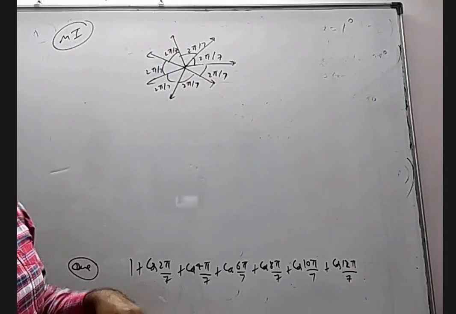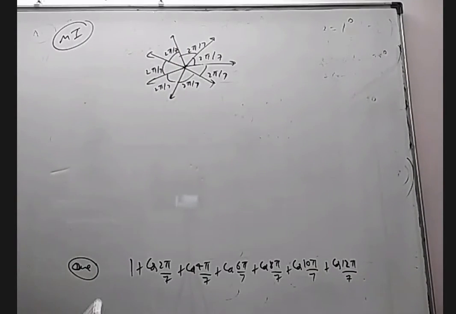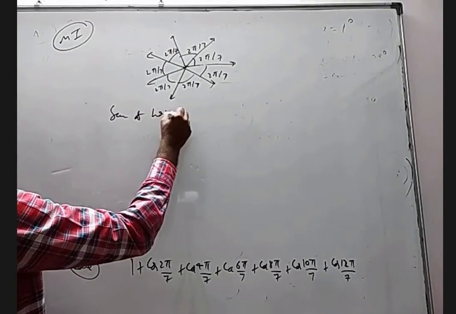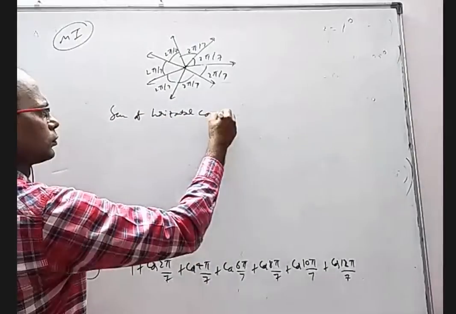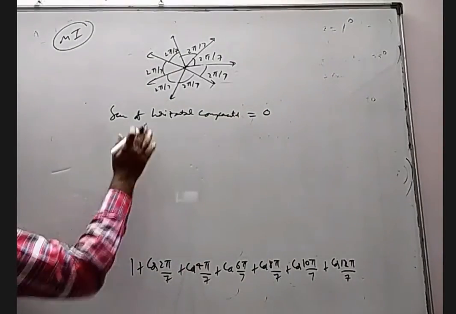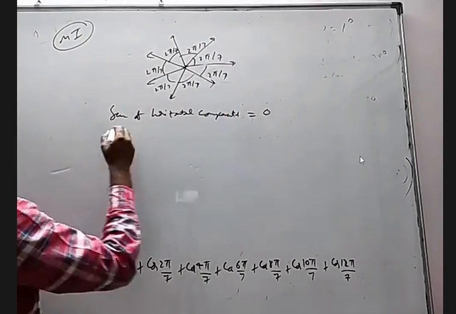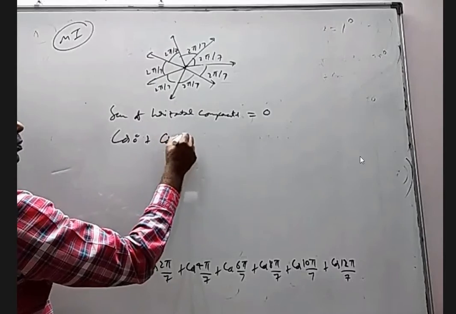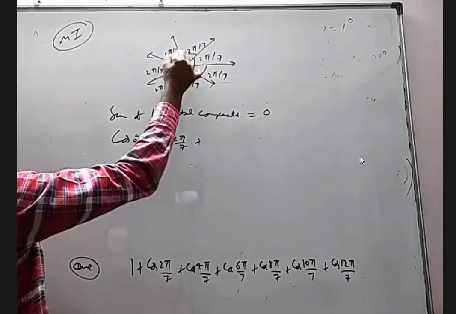The net force is 0, the sum of the horizontal components is 0. So the sum of horizontal components is equal to 0. Similarly, the vertical components sum to 0. And what is the horizontal component? This is directly along the x-axis, so it is cos 0 degrees. The horizontal component of this is cos 2 pi by 7. This angle is 4 pi by 7.